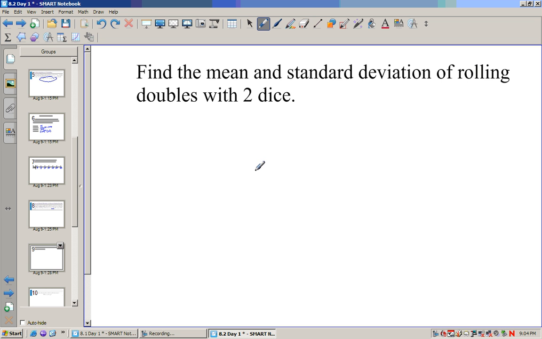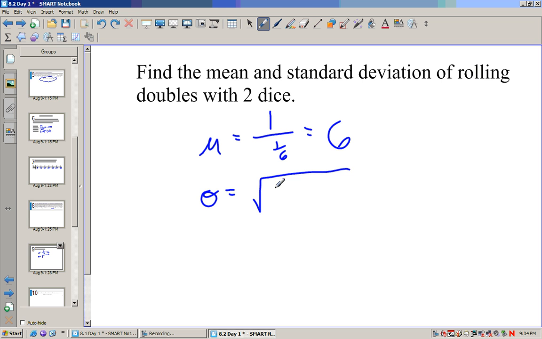So find the mean and standard deviation of rolling doubles with 2 dice. Well, for the mean, you take 1 over p, which is 1 over 1/6. We could do this on our calculator, or 1 divided by 1/6 is the same as 1 times 6 over 1, which is 6. Now, our standard deviation is going to be the square root of (1 minus p) over p squared.